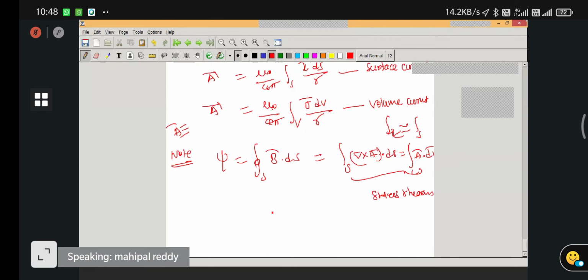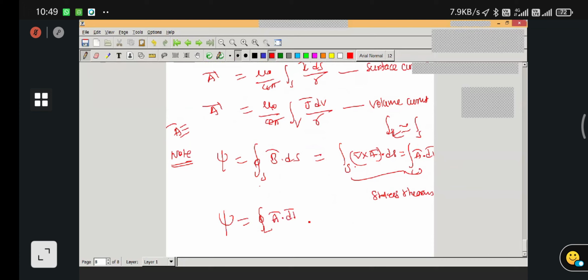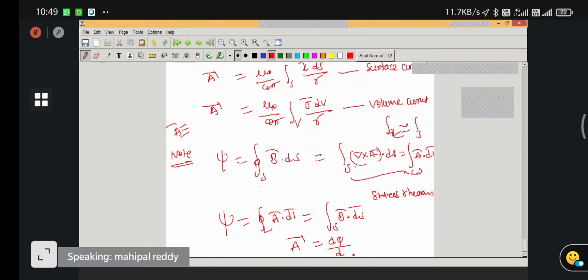What I am writing is that flux equals the closed line integral of A dot dl, that is equal to the surface integral of B dot ds. In general, the A vector is equal to d psi by dt, which is Weber per meter.